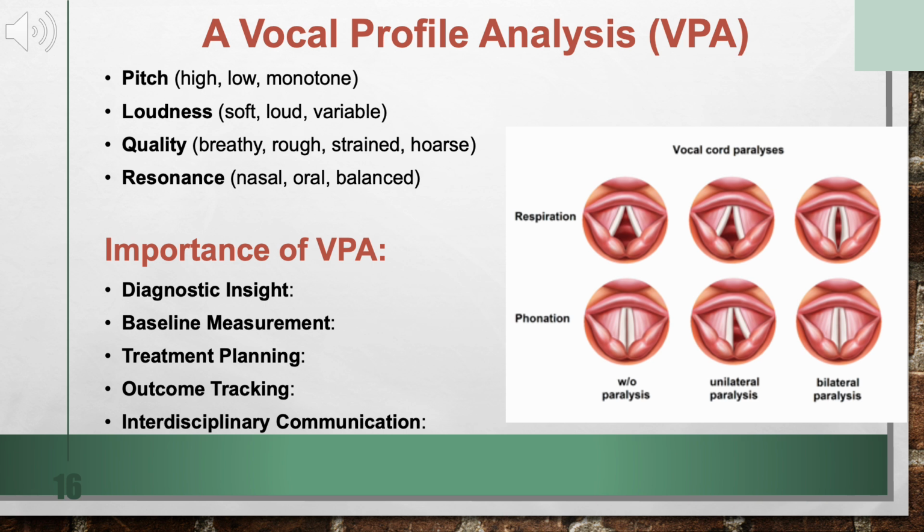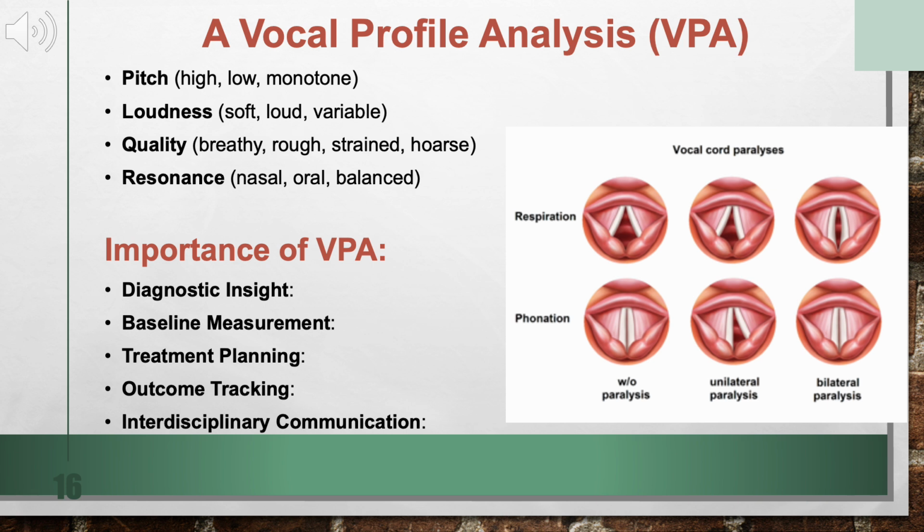Importance of VPA. 1. Diagnostic insight. It helps identify voice disorders by highlighting deviations from typical vocal characteristics. 2. Baseline measurement. Establishes a starting point for therapy and allows comparison over time. 3. Treatment planning. Guides targeted intervention by pinpointing specific vocal attributes that need improvement. 4.